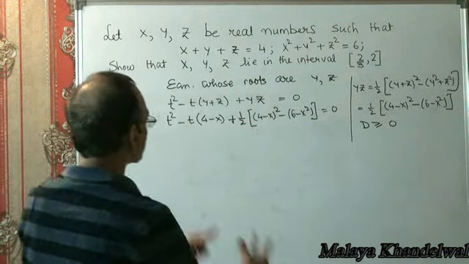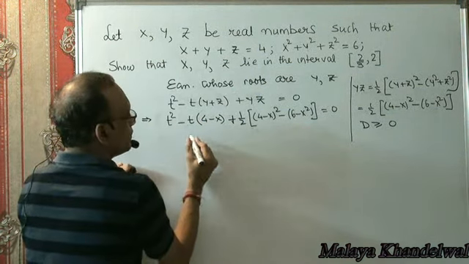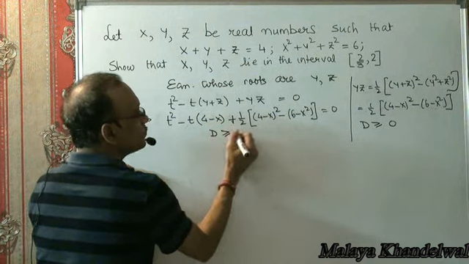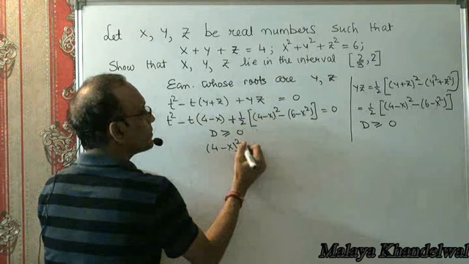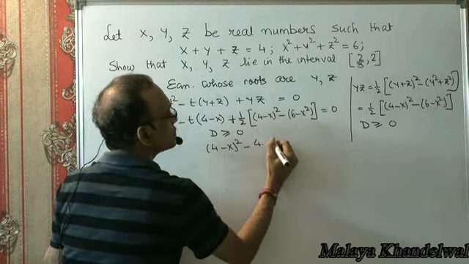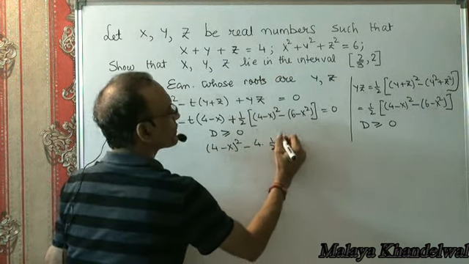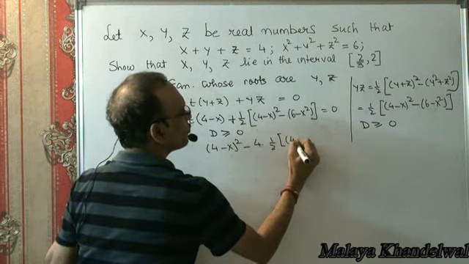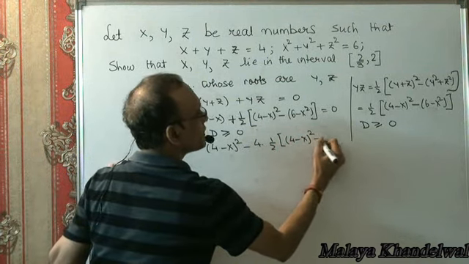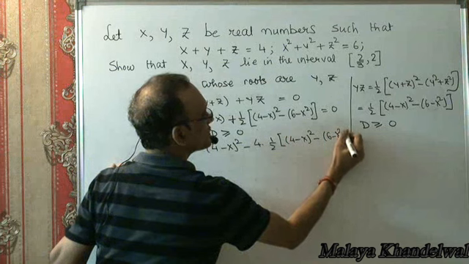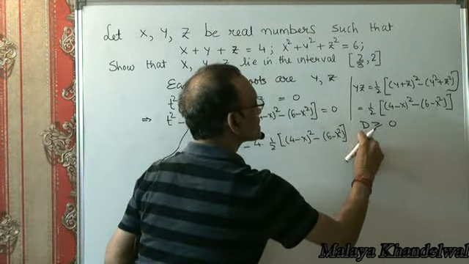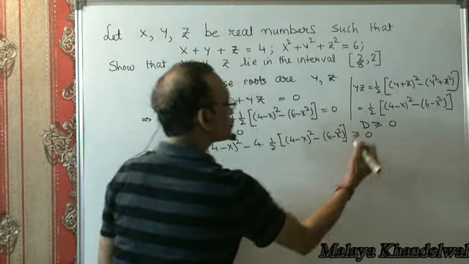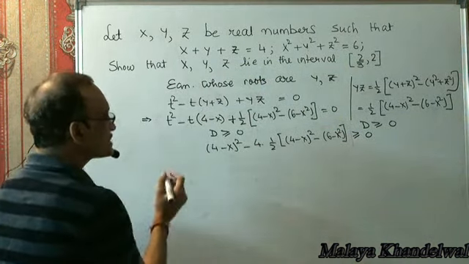Let's check that out. So D greater than or equal to 0, that is (4 minus x) whole squared minus 4 into half into [(4 minus x) whole squared minus (6 minus x squared)] greater than or equal to 0. That's the discriminant. Let's see what this leads to.